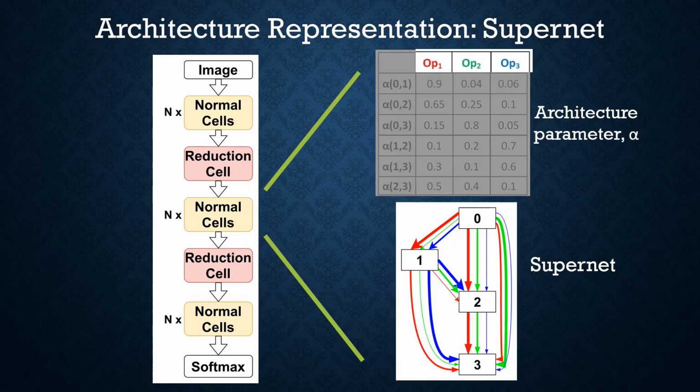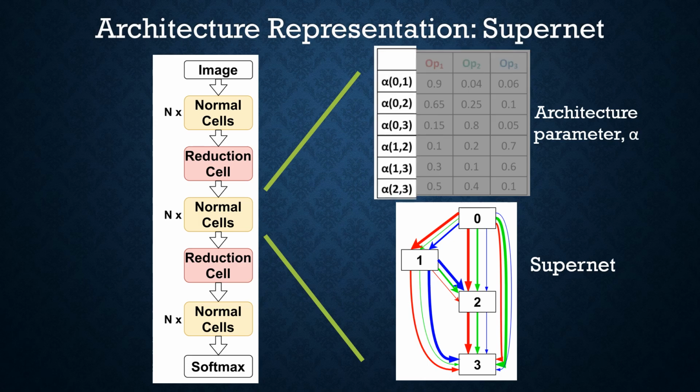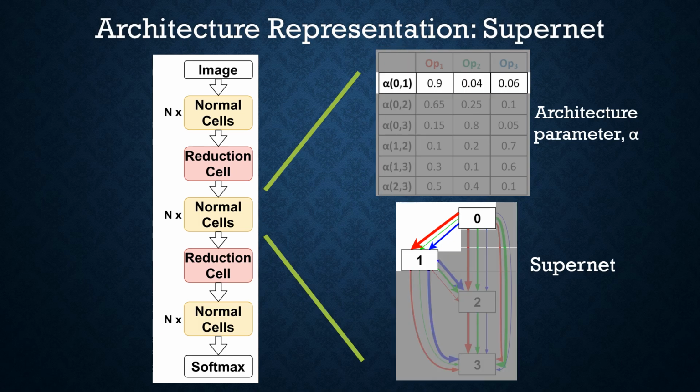To look closely at the architecture parameter alpha, the columns represent the operations in the search space. Here for illustration, we have considered 3 operations in the search space, and the rows in the matrix represent the edges between the 2 nodes. The entries in the matrix represent the weights given to an operation. For example, let's look at the entry alpha 0, 1.